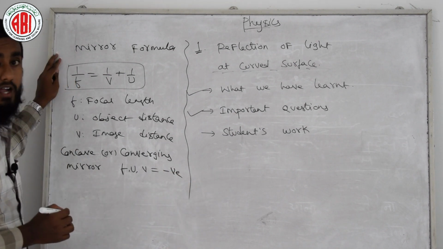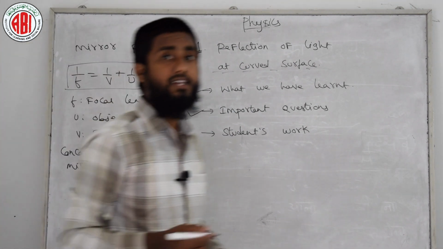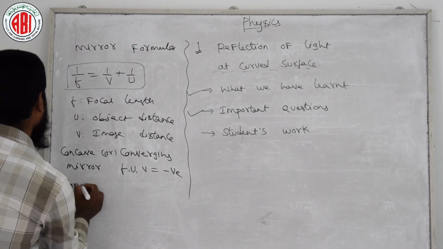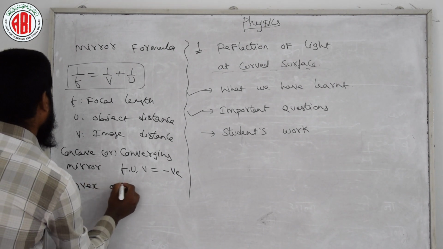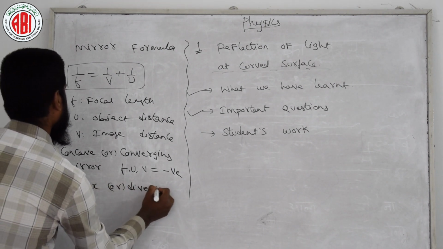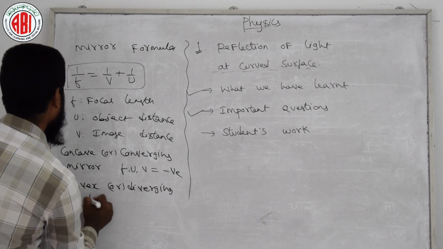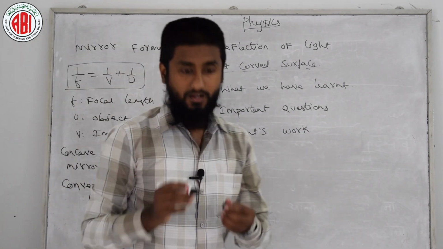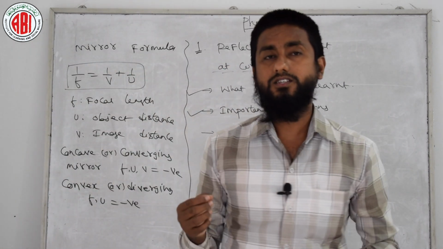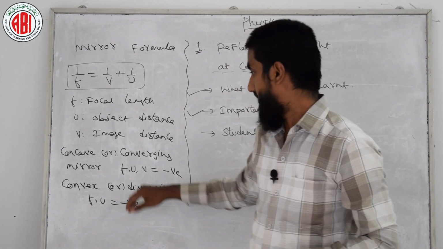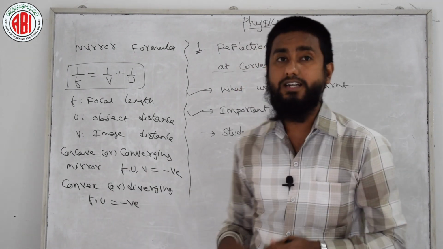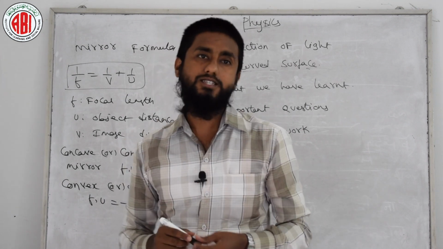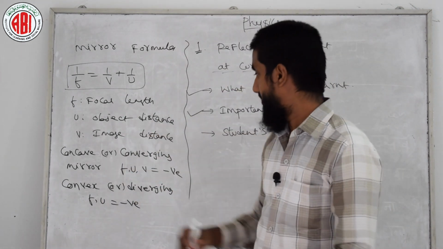And if it is a convex mirror or diverging mirror, you need to apply f and u negative and the rest positive. But in a concave mirror, in one condition we need to apply f and v also positive. The condition is if we place the object between pole and focus. This is only in one condition, but usually you need to apply the first rule.